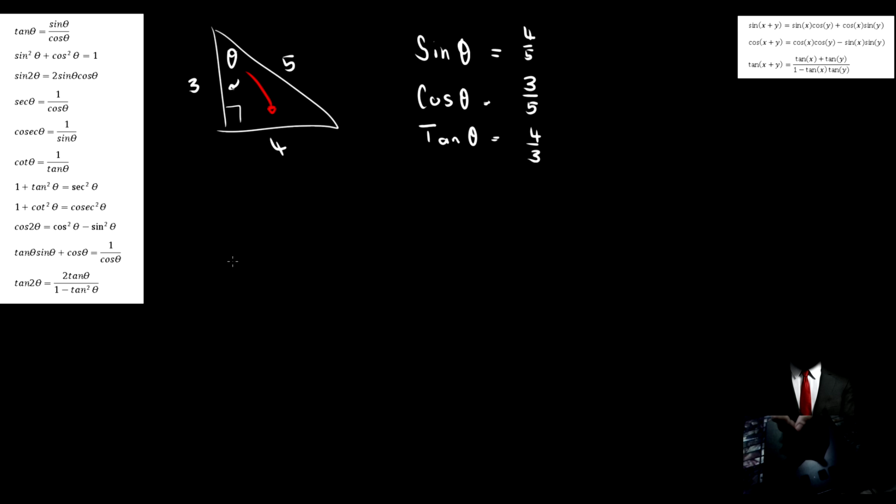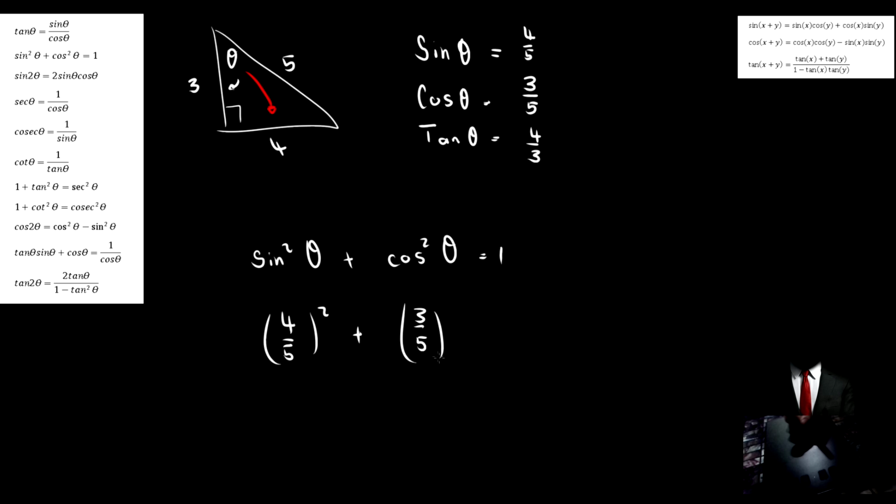So the next one tells us that sine squared theta plus cosine squared theta, let's write that down, sine squared theta plus cosine squared theta is equal to 1. Now in this case, I'm just going to simply again use direct substitution. So we have 4 over 5 squared plus cosine being 3 over 5 squared is equal to 1.